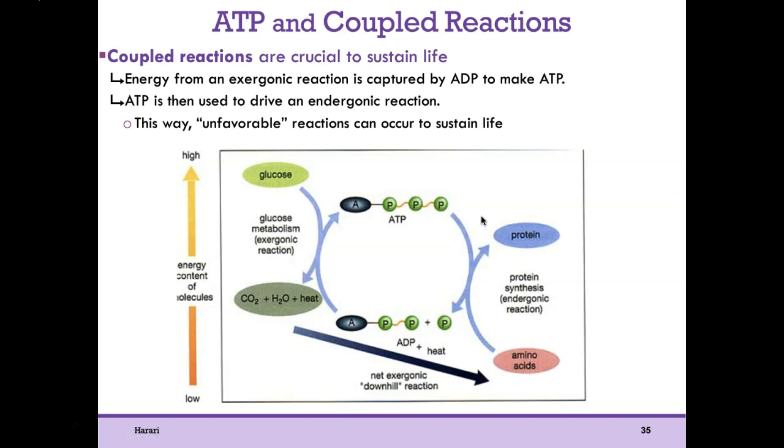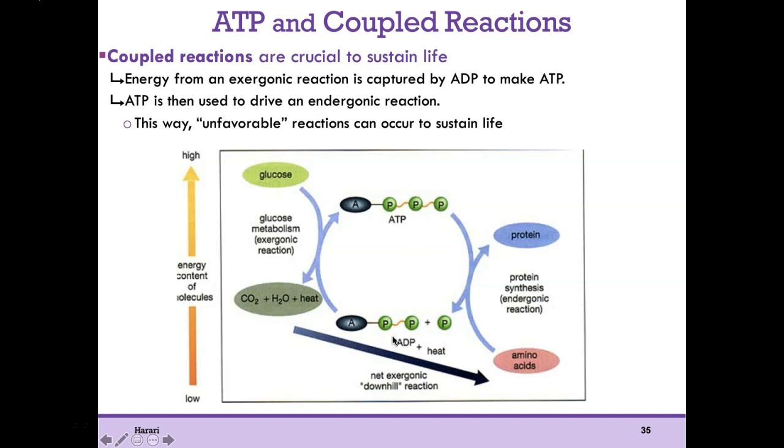I know it's a little tricky, but once you go through this image a couple times, I know it'll make a lot more sense to you. So again, what I'm trying to say is that when you have glucose, you can break that down into CO2 and H2O. And when you do that, you can then make ADP into the high-powered ATP, right? Because we're going from high-energy glucose to low-energy CO2.